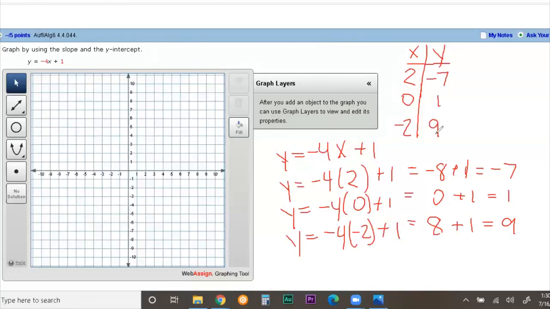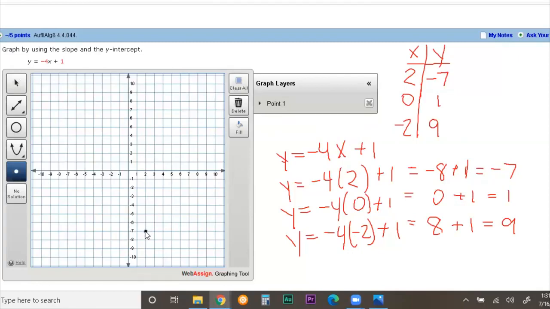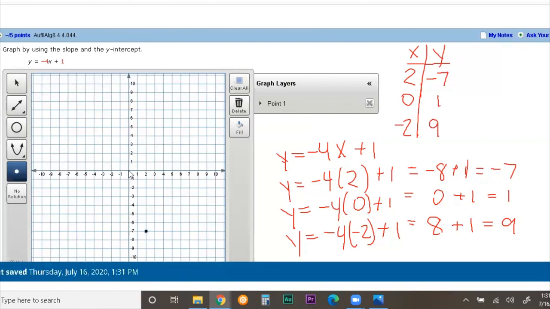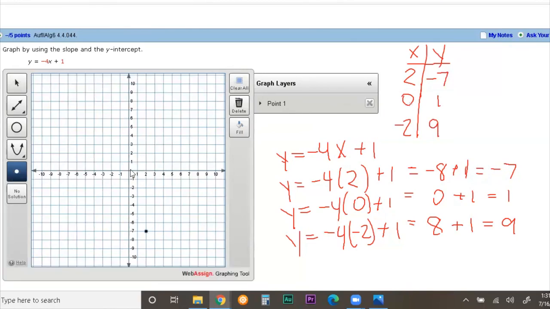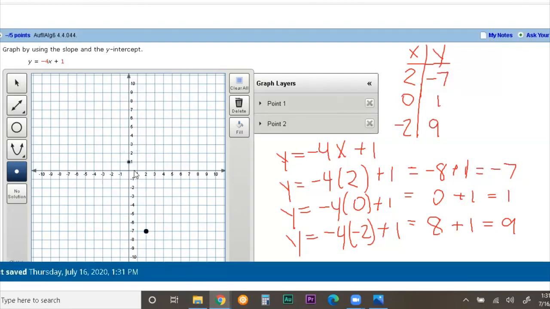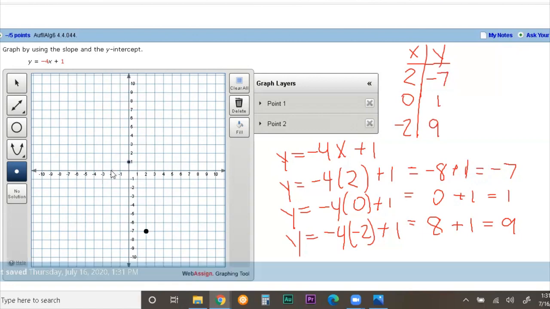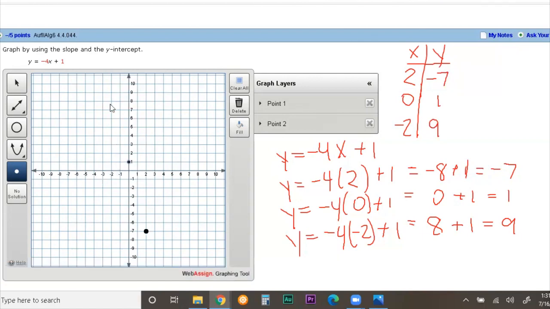So now we have to plot these 3 points. For 2, -7, let's click on our dot. From the origin, we go to the right 2 and down to -7. For 0, 1, because we have 0, we do not go to the left or the right, and then we just go up 1. And for -2, 9, from the origin, we go to the left to -2 and up to the 9.